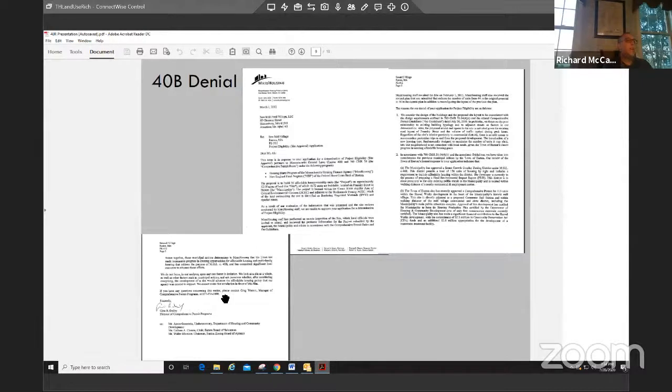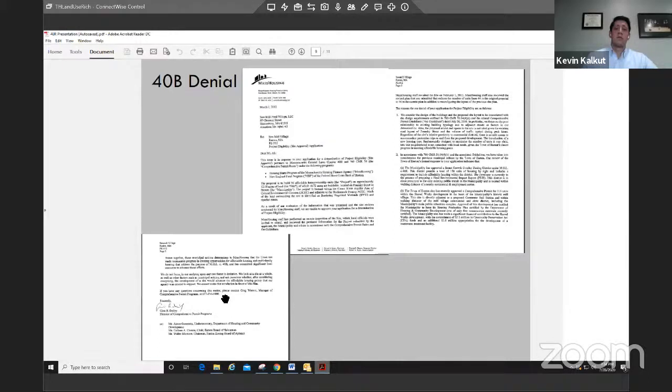And then the town has the ability, if in fact we did have a 40R district, to make the case to Mass Housing, if there was a project that was inappropriate, out of character, or in a bad location, and rationalize why it shouldn't be given a project eligibility letter. This one here in particular is from the town of Easton.